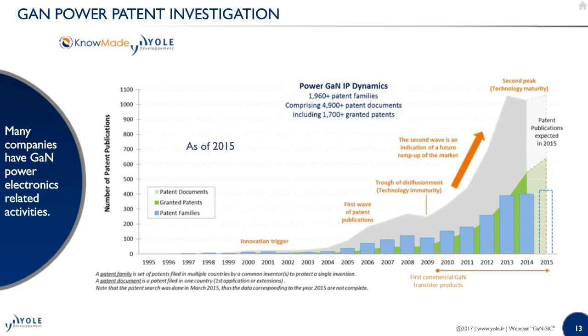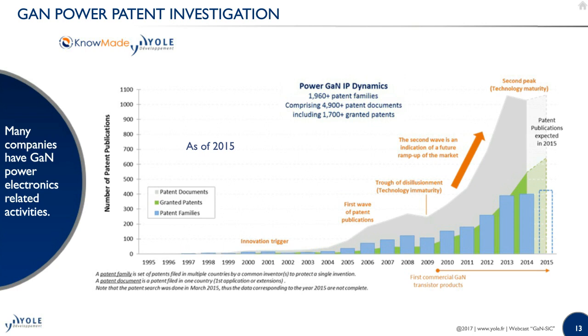The existing patents cover the whole value chain, from the gallium nitride on silicon wafers to the power semiconductor device, to the packaging, module, circuit, and the system. So we think that a lot of companies are working on GaN power activities.